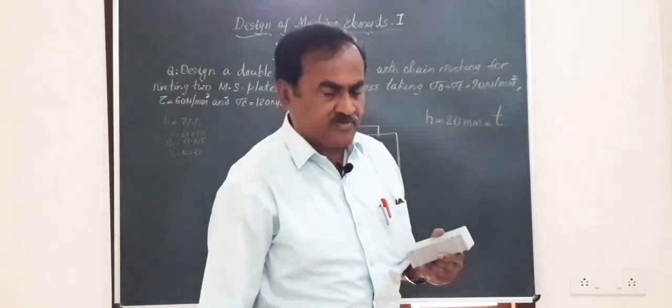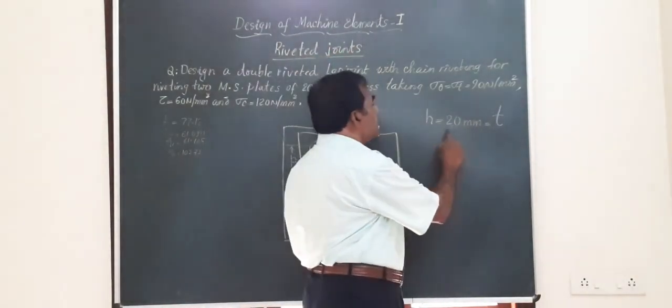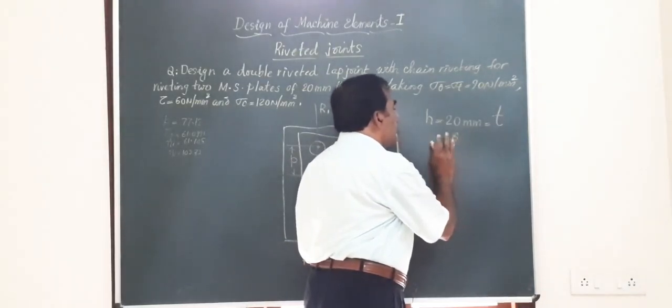is to be followed. That is, we have to just check whether the thickness of the plates to be riveted is equal to 8 mm or greater than 8 mm.